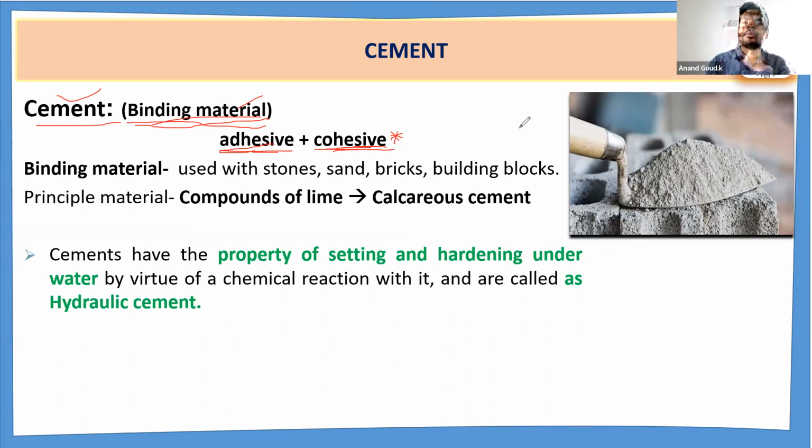Very good. Okay. So coming to the definition of adhesive and cohesive. If you look at different binding materials, like if you take a glue, any normal gum, you cannot bind all materials with the glue. So what is the limitation over there?